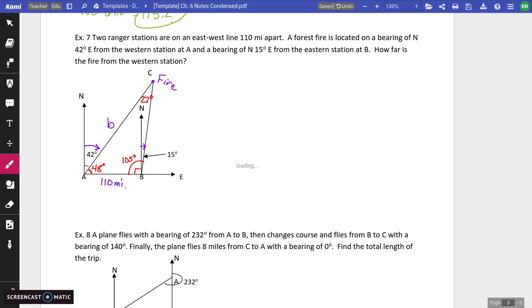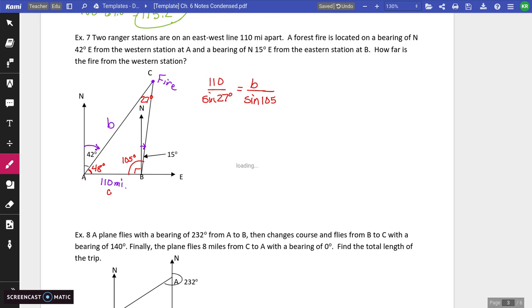It actually does, because you know side AB, which would be small side C. We have that distance of 110 miles, and you know angle C. So I can make that ratio: 110 over the sine of 27 degrees is, now we want side B, and we found angle B to be 105 degrees.